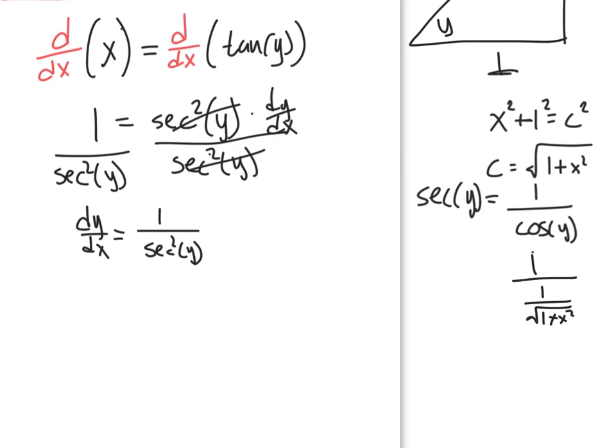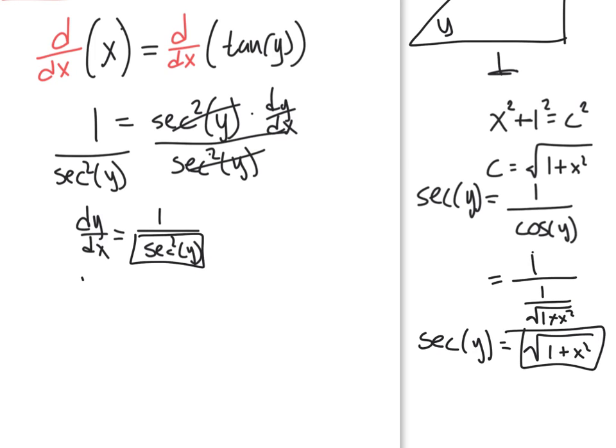Then 1 divided by that fraction, I'm going to multiply by the reciprocal. So secant of y is really just equal to the square root of 1 plus x squared. So what I want to do here is substitute this into my derivative.